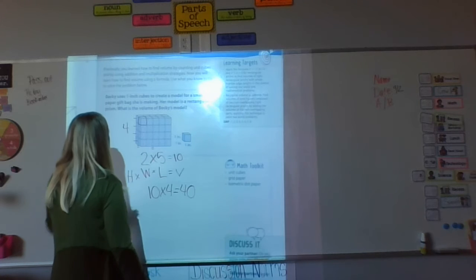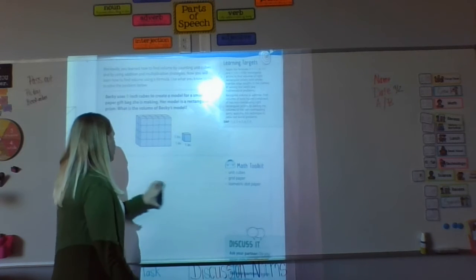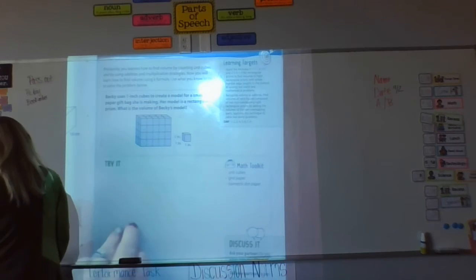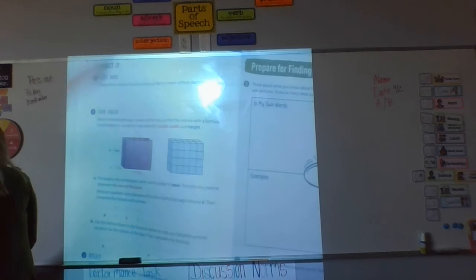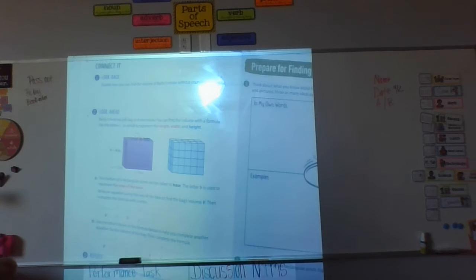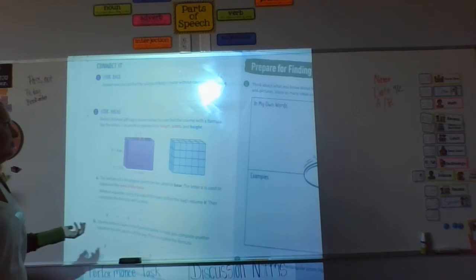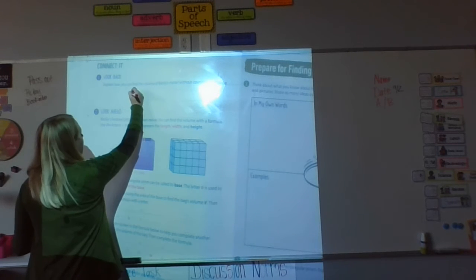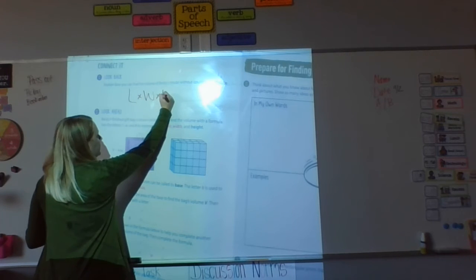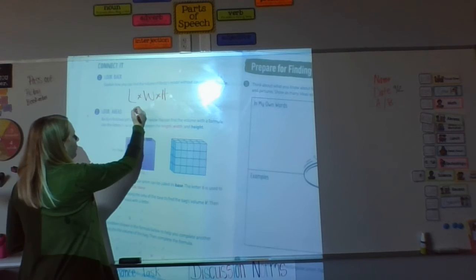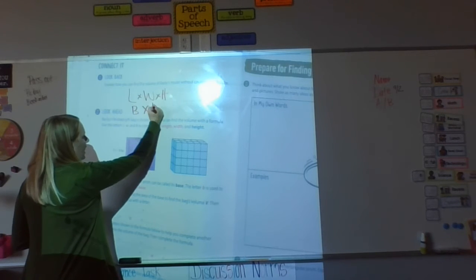All right, let's go into some further detail and explain this some more. Go ahead and turn your page. How did we find the volume of Becky's model without counting each cube? We used the formula. We multiply the length times the width times the height, or we multiply the base times the height.